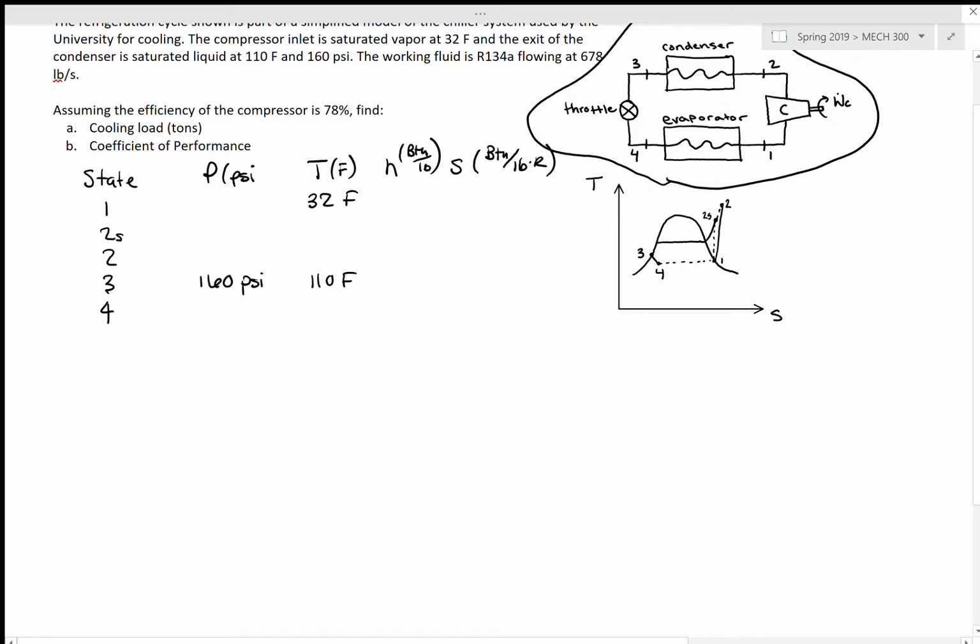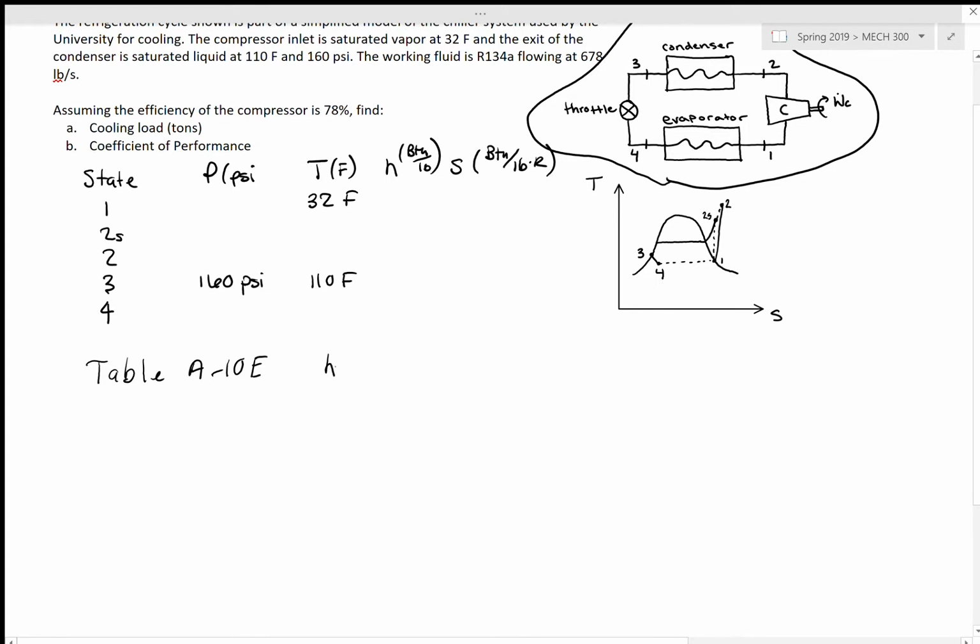78%. So to start off, we need to find all of our enthalpy values, and we can get those from table A10E. To get our H3 value, we just need to go to the saturated liquid value at 110 degrees Fahrenheit.